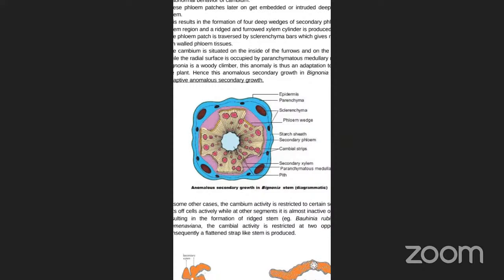This appearance shows concentric rings of vascular bundles embedded in the conjunctive tissue. This type of abnormal secondary growth is common in members of the Amaranthaceae family.